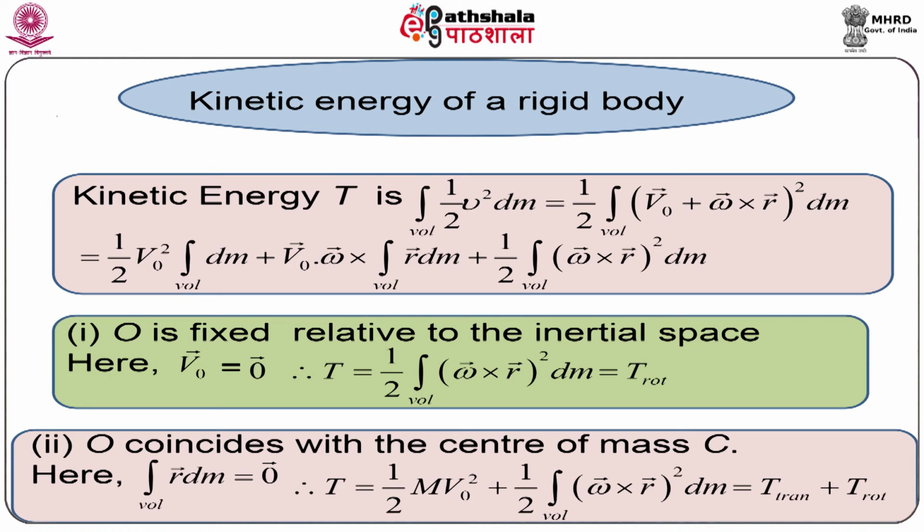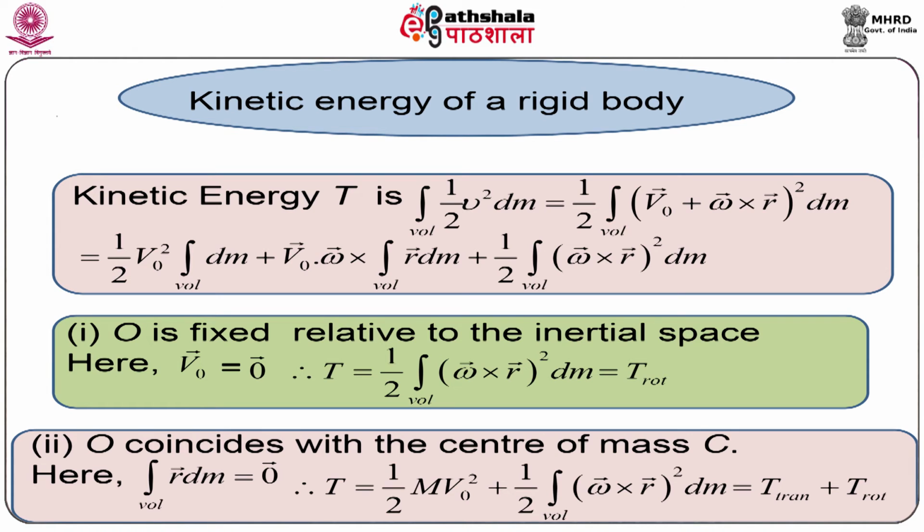Thus, kinetic energy T becomes, as VO vanishes, so this becomes 0, this becomes 0. So, we get only this term. Here we have written this term. Omega is the angular velocity, it comes from rotation. So, we have written T dot, that is kinetic energy due to rotation.